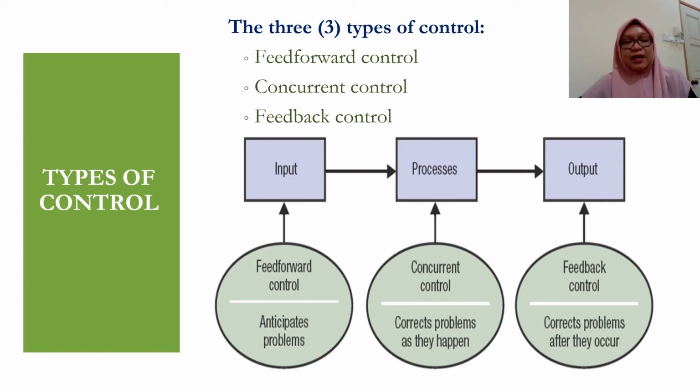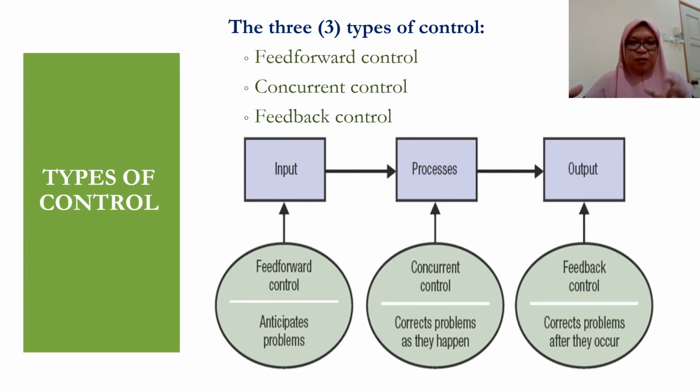The second one is concurrent control. Concurrent control is when we do the controlling process during the transformation process, during the process of making the cake.